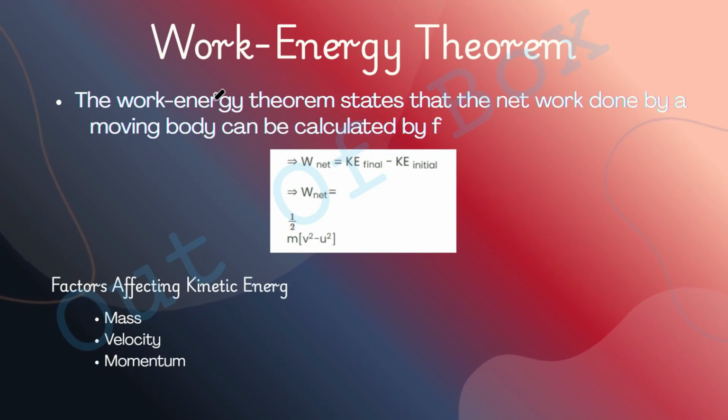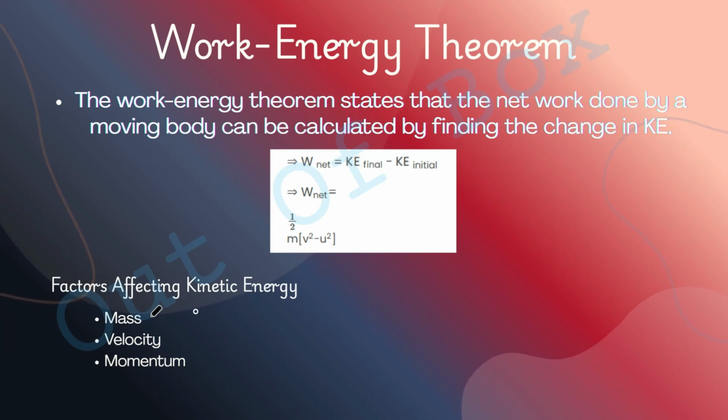There is a theorem called the work energy theorem. The work energy theorem states that the net work done by a moving body can be calculated by finding the change in K, meaning by subtracting the initial kinetic energy from the final kinetic energy. So work net equals K final minus K initial, and work net equals half m into v square minus u square.